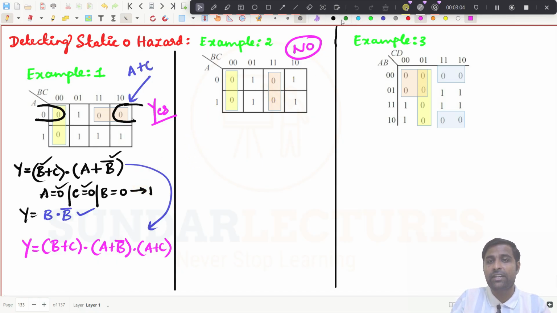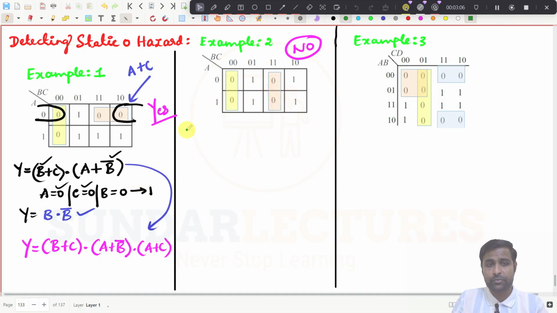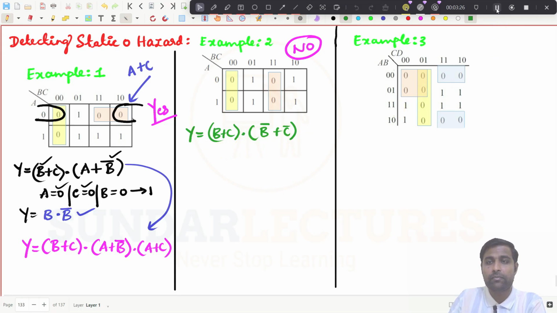And if you write down the expression, y is equal to b plus c, the first term, dot, and this term will be b bar plus c bar. And if you take any two terms and substitute any values, you will not get a hazard. Maybe I made a mistake?